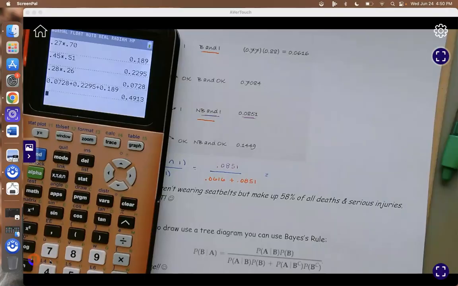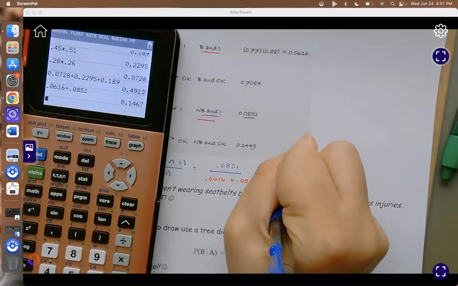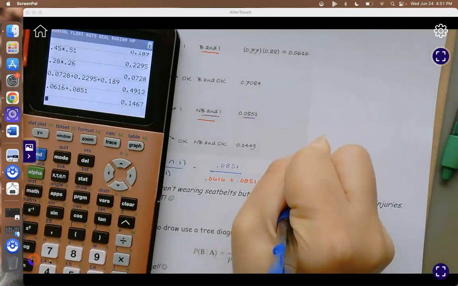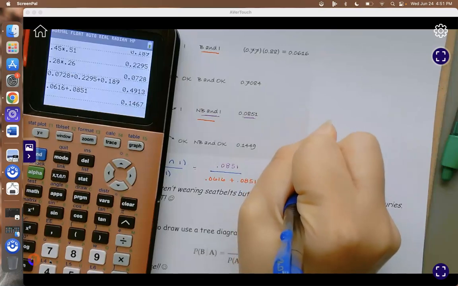Alright, so 0.0616 plus 0.0851. And that's going to give me 0.1467. And on top we have that 0.0851.